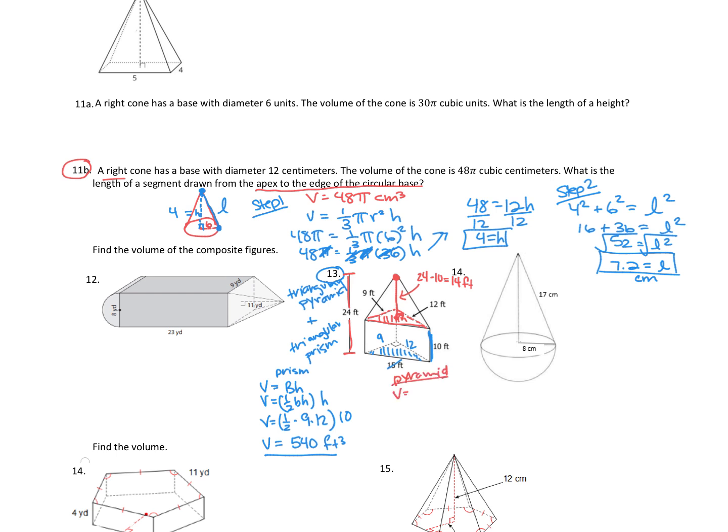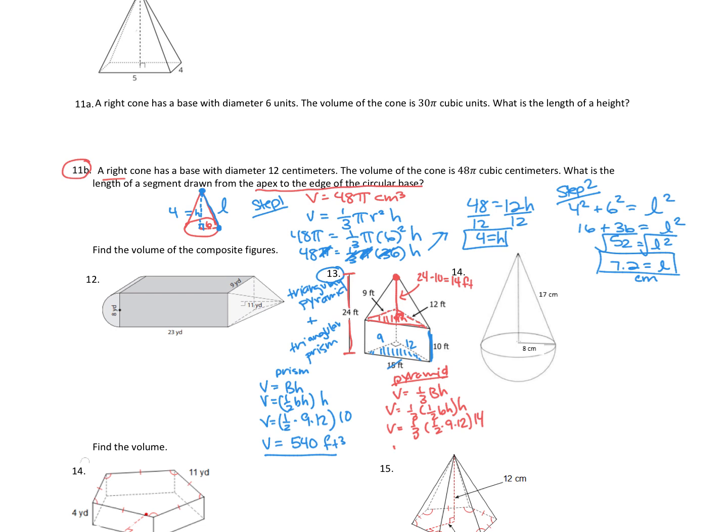My volume of my pyramid is 1/3 big B times H. My big B again is a triangle, so that's 1/2 the triangle's base times the triangle's height times the height of my whole pyramid. So when I put in my values, that's 1/2 times the 9 times the 12 times the 14.